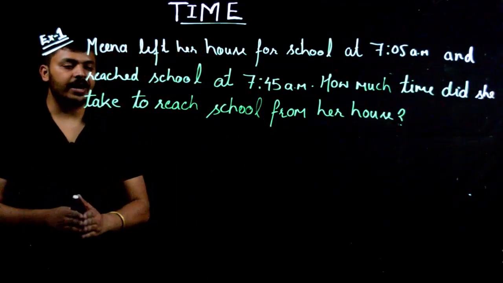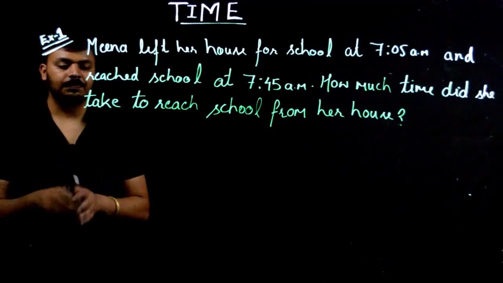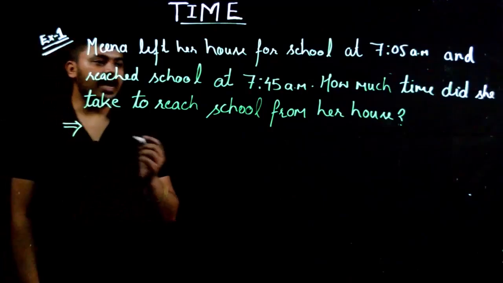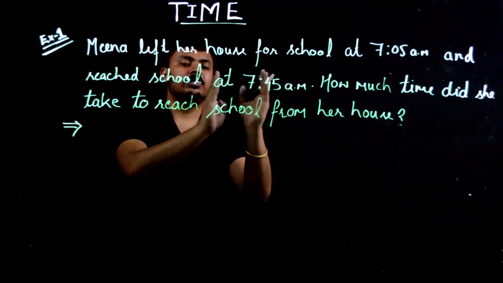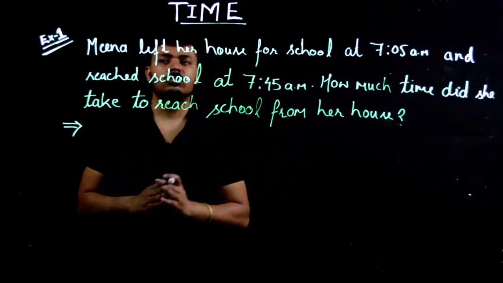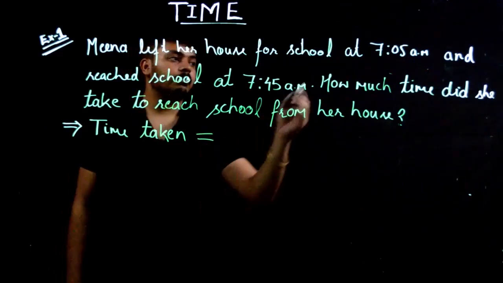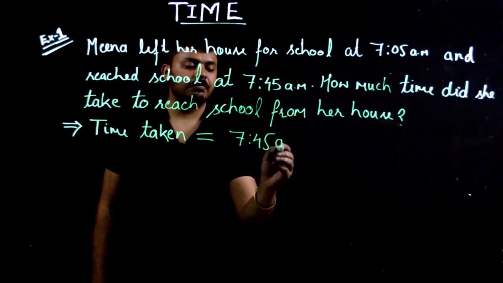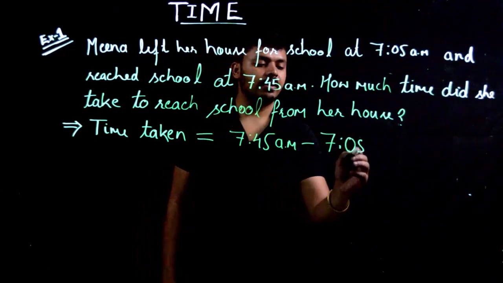So we have to find out the time she takes to reach her school from her house. The time can be found out if we subtract the time she started from her house from the time she reached school. So time taken can be given by 7:45 am minus 7:05 am.